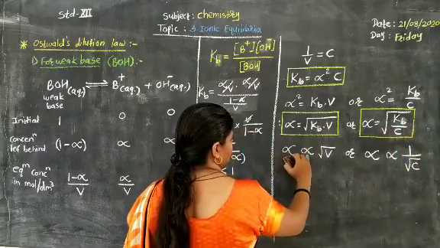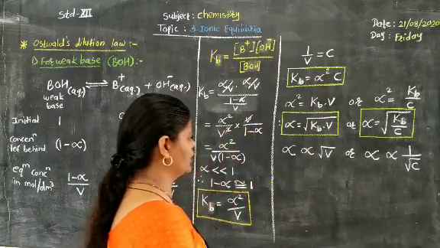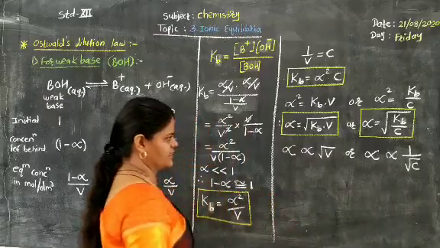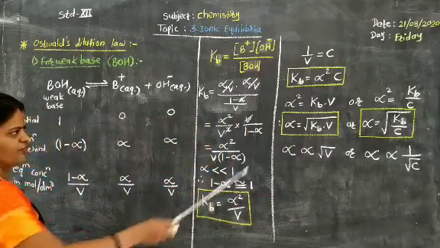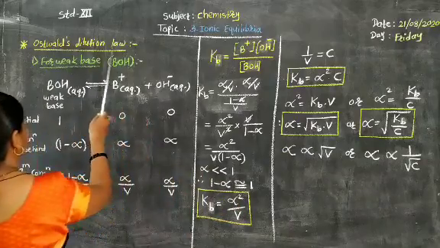Means alpha is directly proportional to square root of V, dilution, or alpha is inversely proportional to square root of C, that is concentration. So from this we can write the second statement for Ostwald's dilution law.